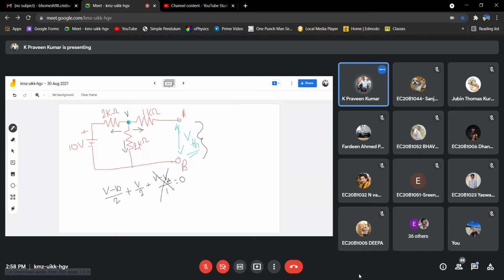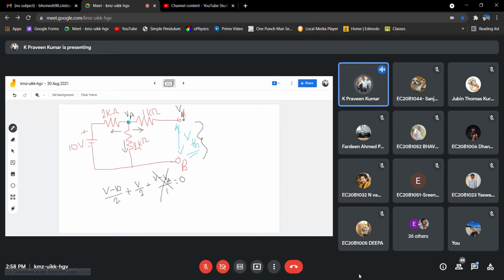This won't be there. So that means whatever the voltage that is available at this terminal VA, the same voltage will be available at this point V. So these two are same. Since there is no current flow, this indicates that there is no potential difference. Right?